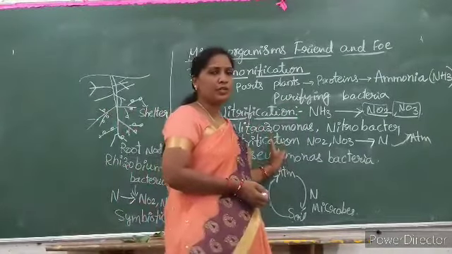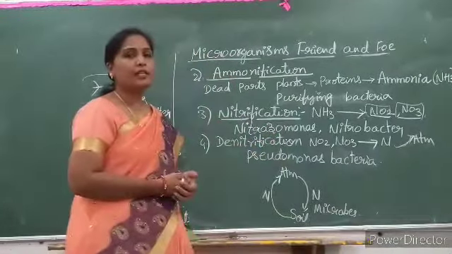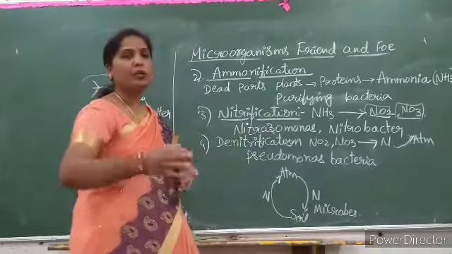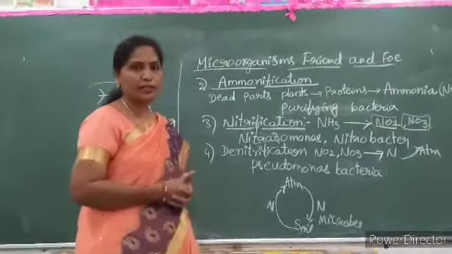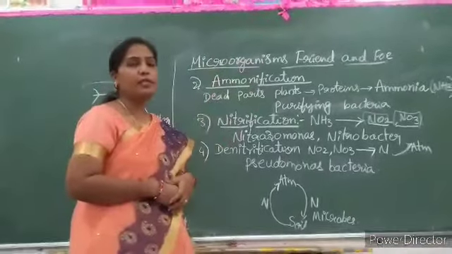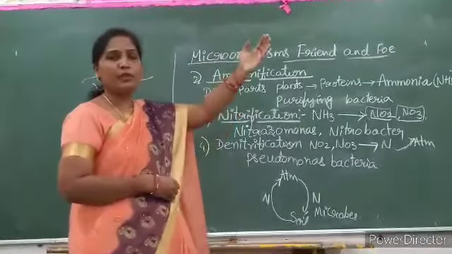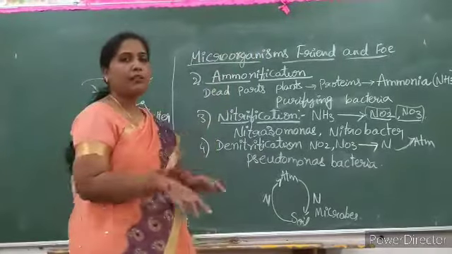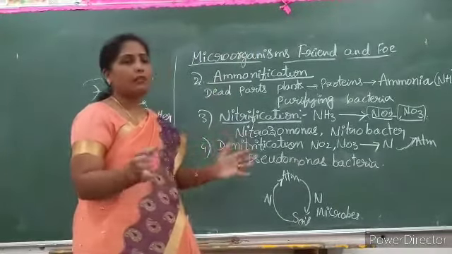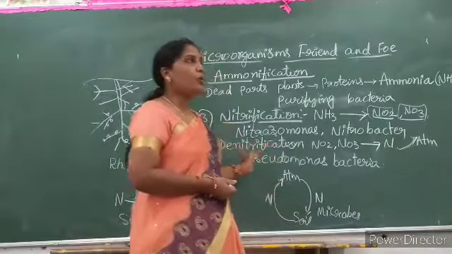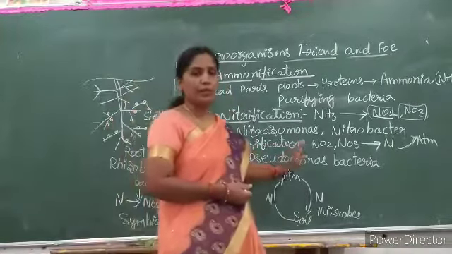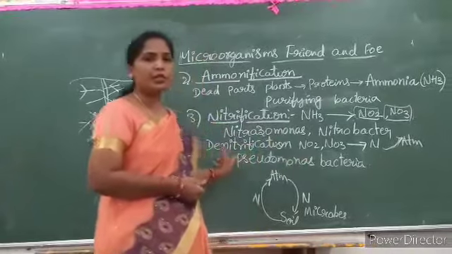So understood, children? The other way we also discussed, in a physical way, without the help of microbes, nitrogen gets fixed in the soil. When lightning comes, atmospheric nitrogen can be directly fixed in the soil. There, microbes' help is not there at all. Now read this whole content from your textbook and try to understand.